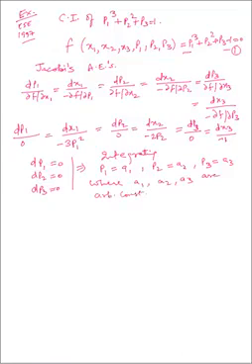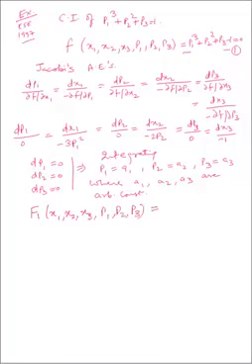And here p1 is what? f1(x1, x2, x3, p1, p2, p3) is equal to p1 is equal to a1, and f2(x1, x2, x3, p1, p2, p3), where f1 is p1 and this is a1.